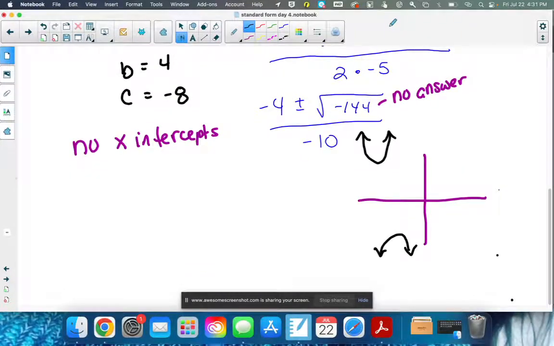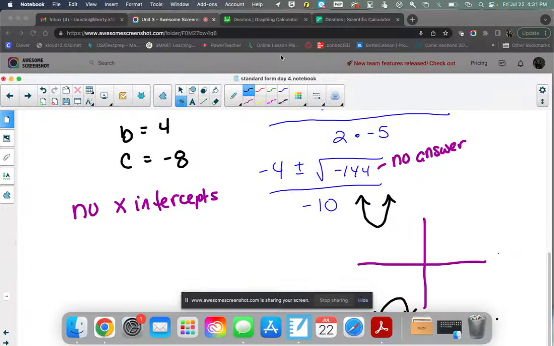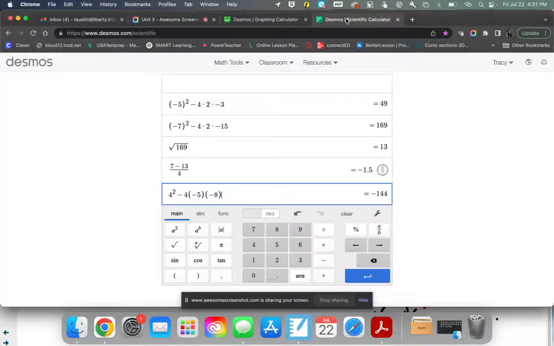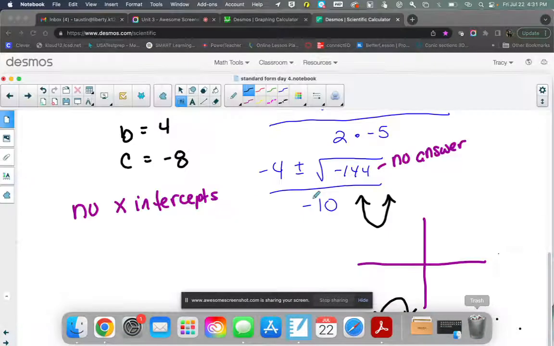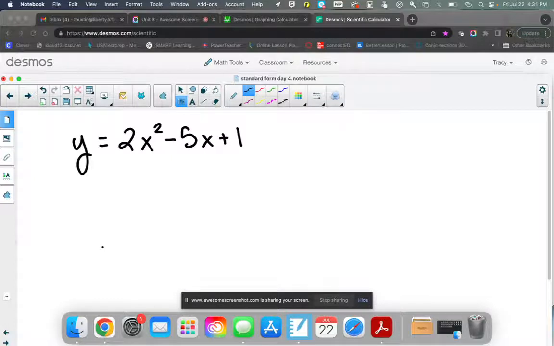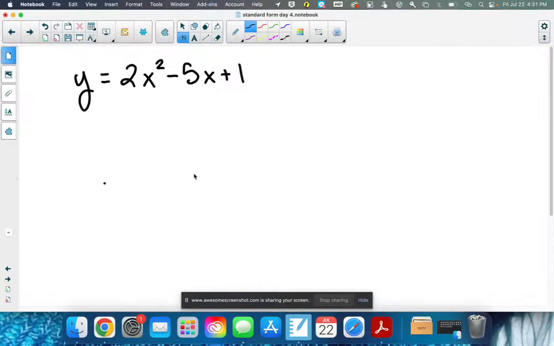Okay, so let's go ahead and try one that is going to give you an actual decimal answer. Get back to my Desmos right there. Okay, so again, let's go ahead and set it up. So A is 2, B is negative 5, and C is 1.